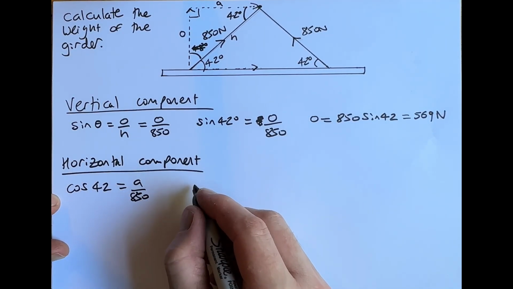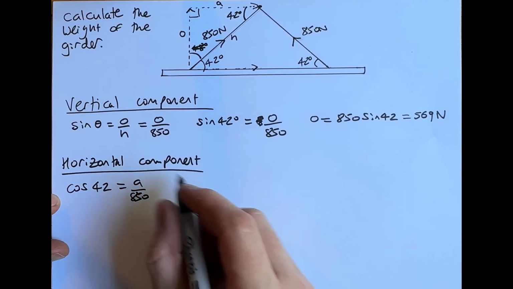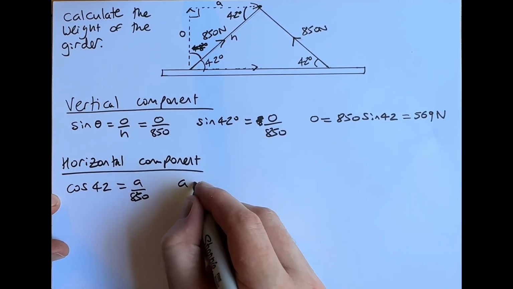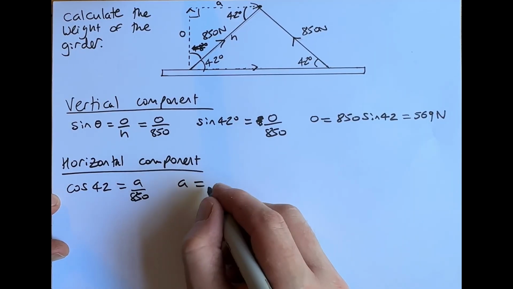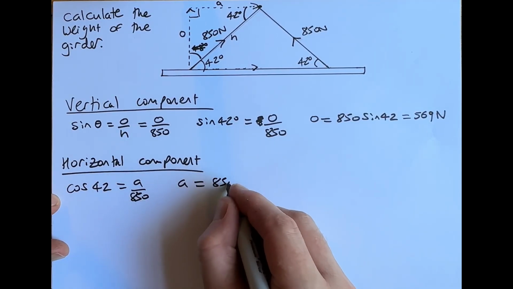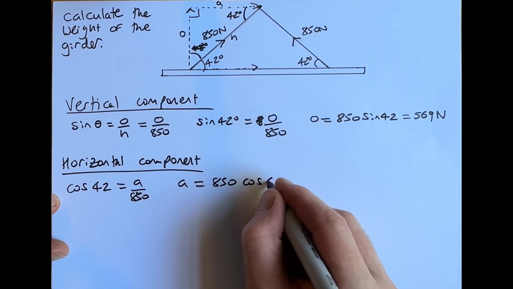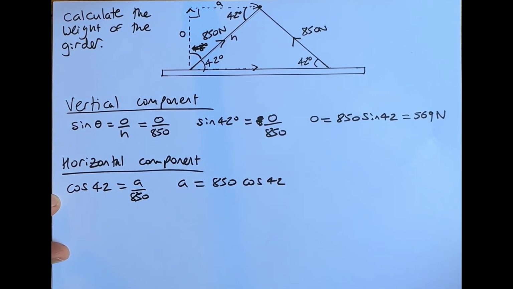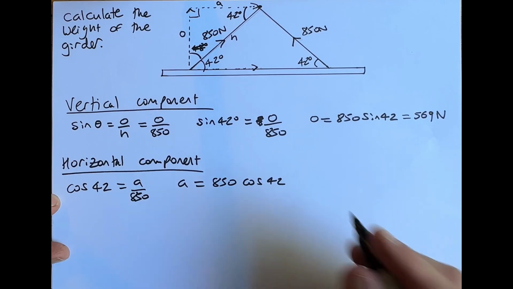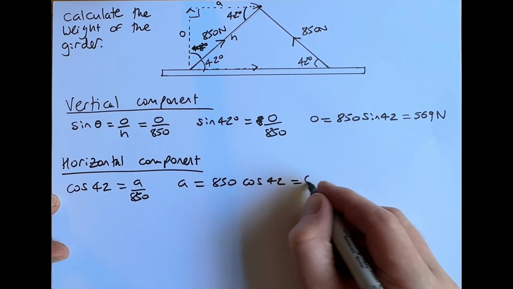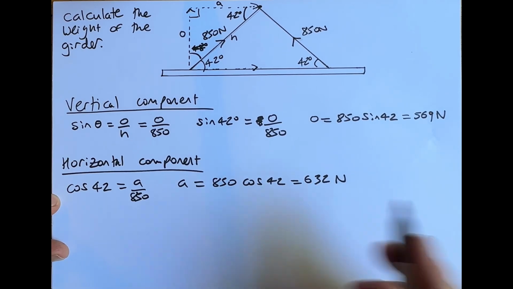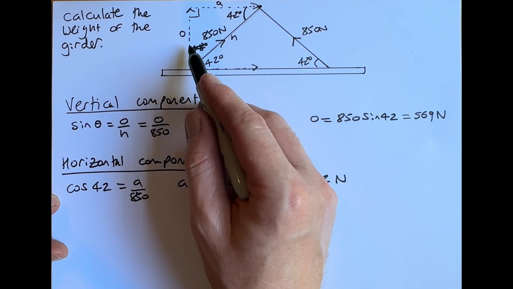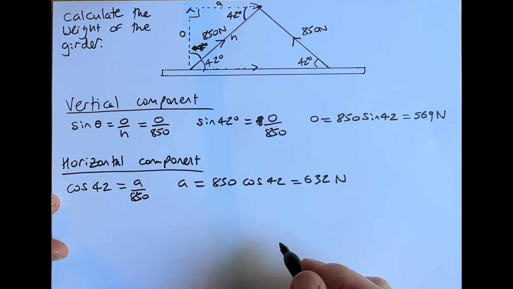If we rearrange that, the horizontal component, which is the adjacent in this case, is just going to be equal to 850 cos 42. And if you stick that into your calculator, 850 cos 42 gives you 632 newtons. So we've now got the vertical component and the horizontal component.